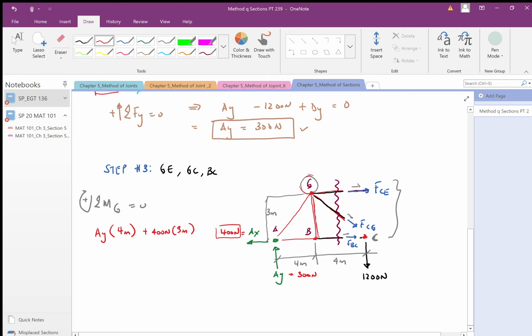Again, I'm taking the moment about point G, so I'm looking at all the forces. This particular force is no longer there, because we erased that component of it.